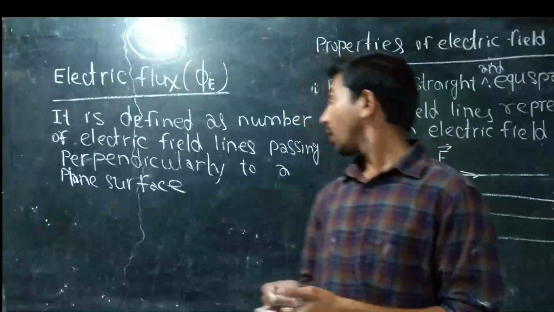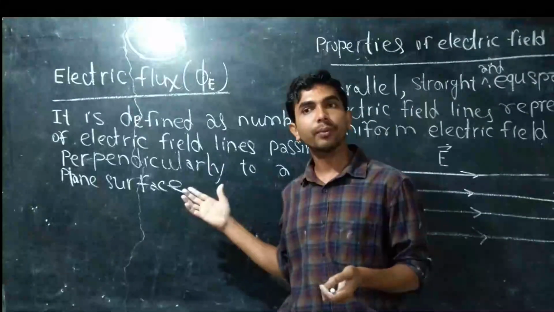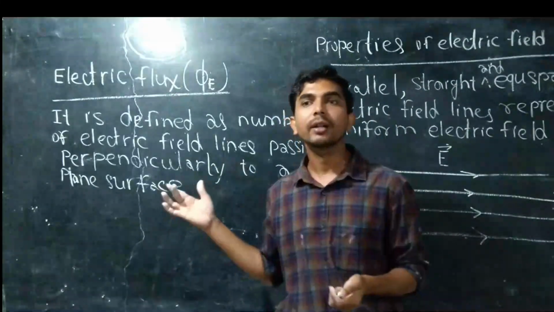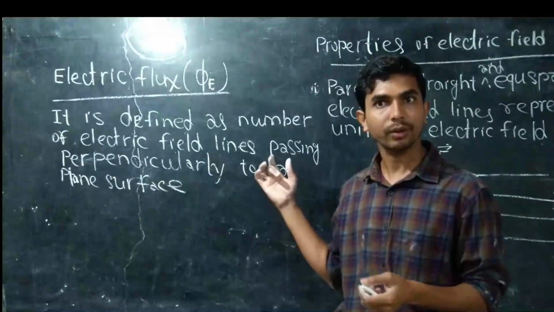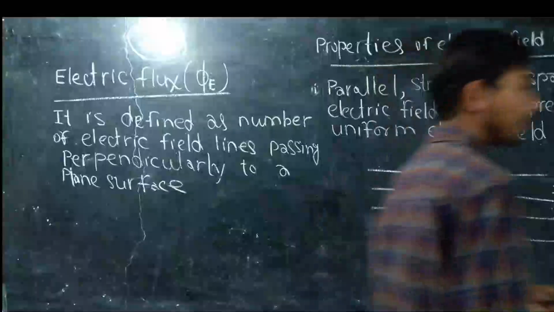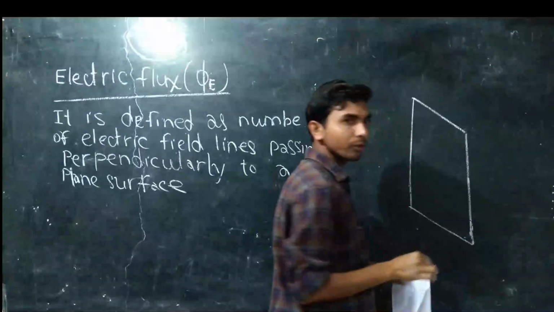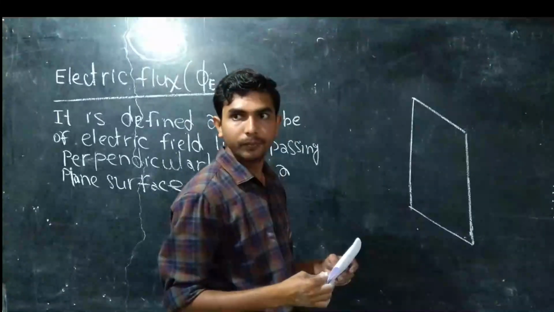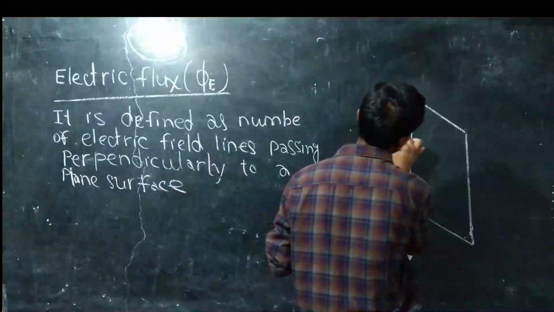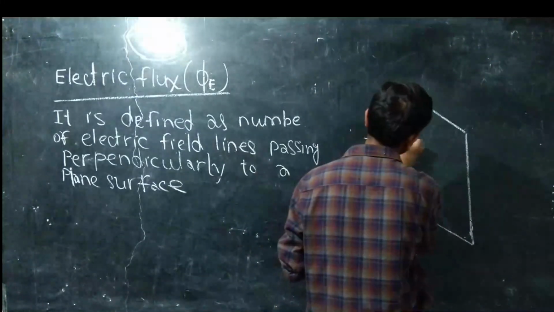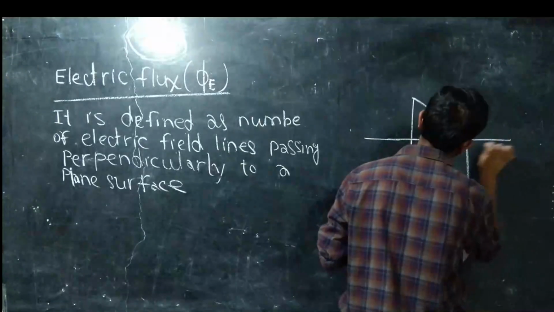But how can we calculate the value of electric flux? For that there is a mathematical expression, which I am now going to write. Suppose this is your area and electric field lines are passing through this area like this.